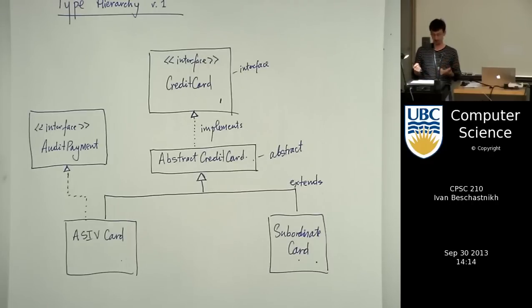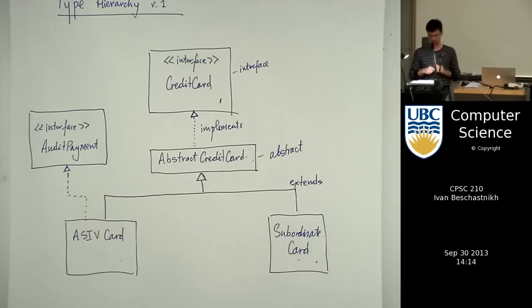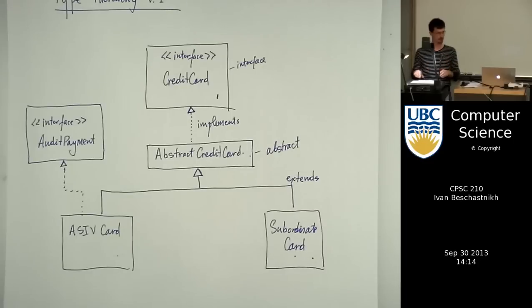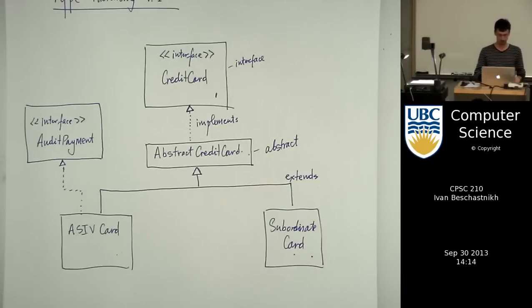Because now I want my ASIF card to be auditable, I make it implement this interface. But perhaps my subordinate card, I don't want to be auditable. So really, oftentimes when you add new functionality, something that will give you a lot of flexibility is to create a new type for that functionality within Java. So that's what we'll do now in the code.